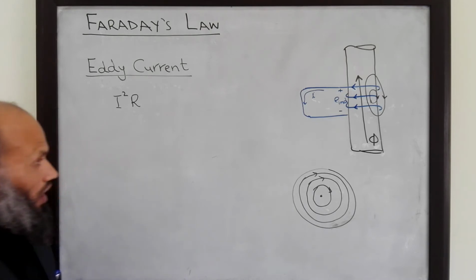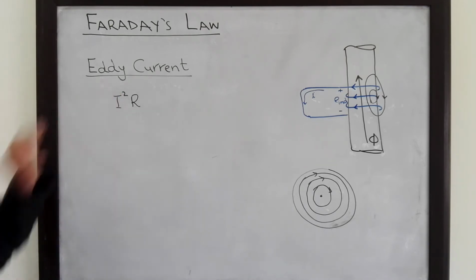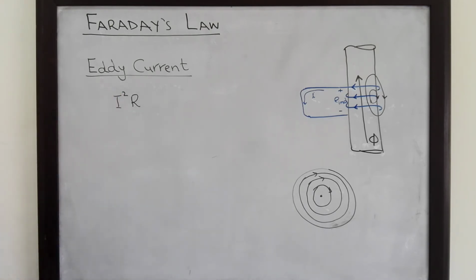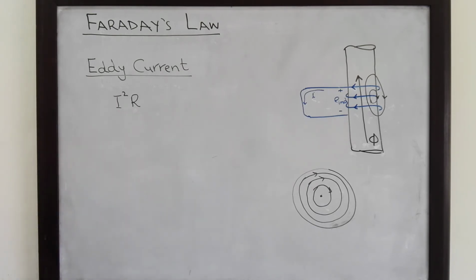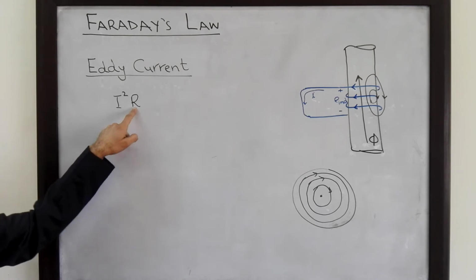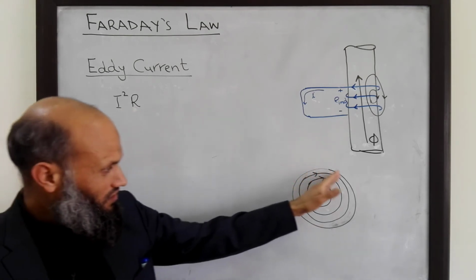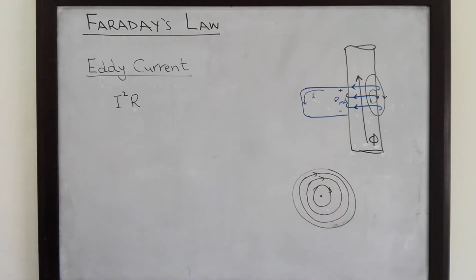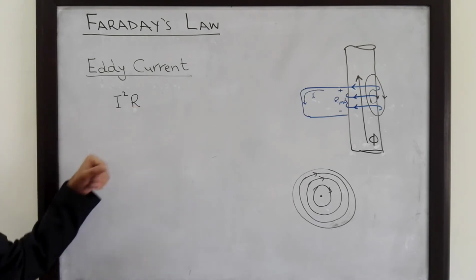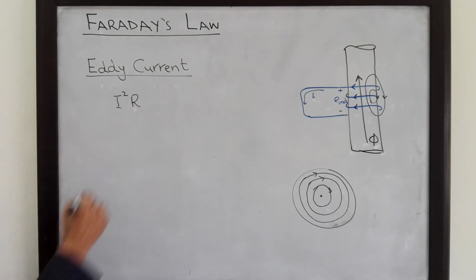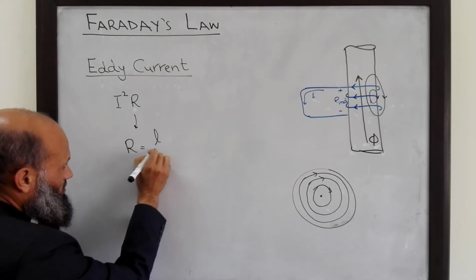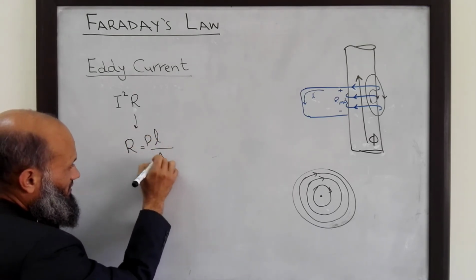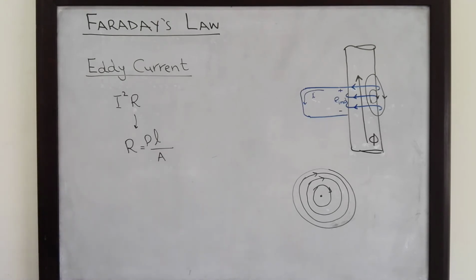So how to reduce these losses? We can see that these losses are dependent upon the resistance. If we can somehow reduce the resistance, we will be able to reduce these losses. And we also know that resistance is dependent upon the length of the path.